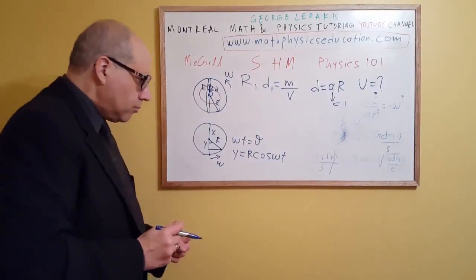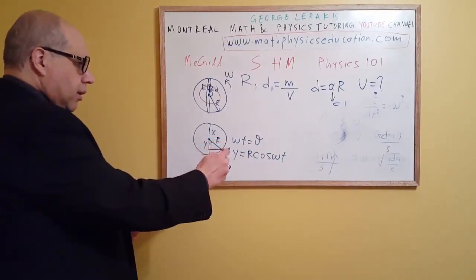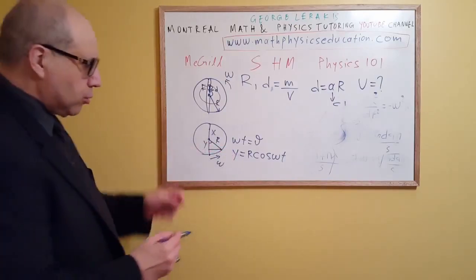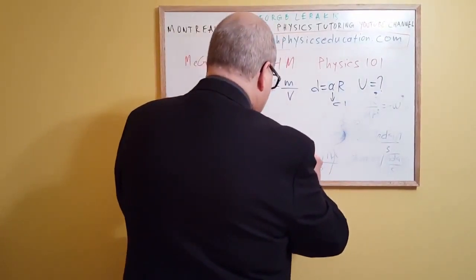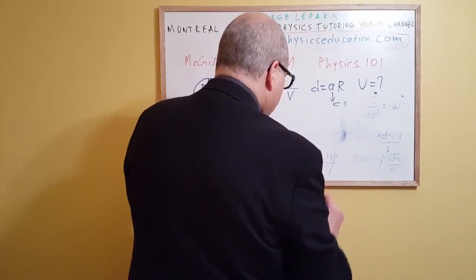Excuse me. Now, of course, if you take the first derivative of this with respect to time, that will give you dy over dt.